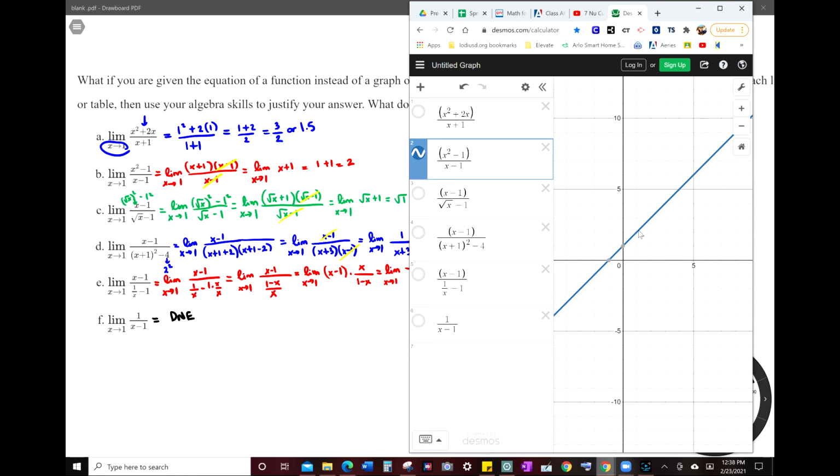It can be 1.99 or 2.00001. Very close to 2 from both sides. So therefore our limit for part B is 2.